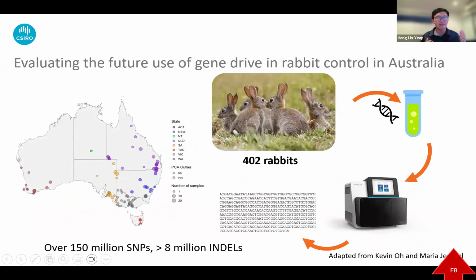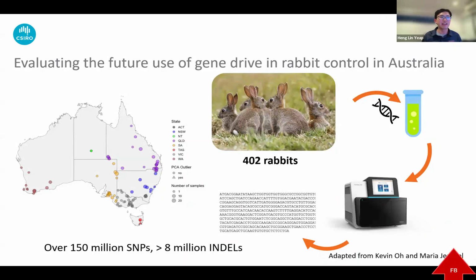And a few years ago, we had an opportunity to test this framework in rabbits, a major pest in Australian landscapes causing billions of dollars of damage, but it's endangered in its native range in Europe. So the idea with rabbit biocontrol is we want to suppress rabbit populations in Australia, but not in Europe.